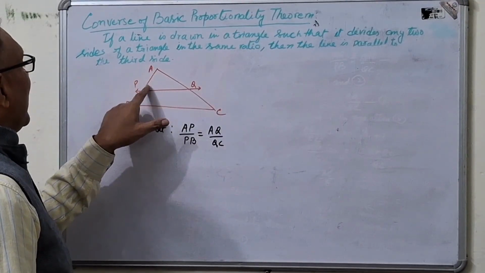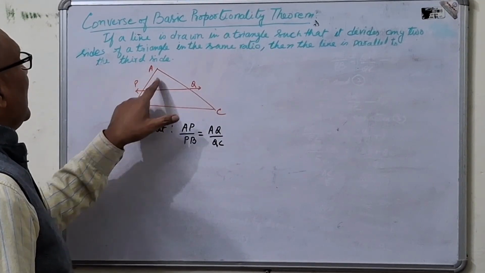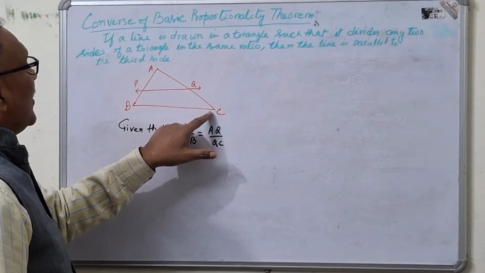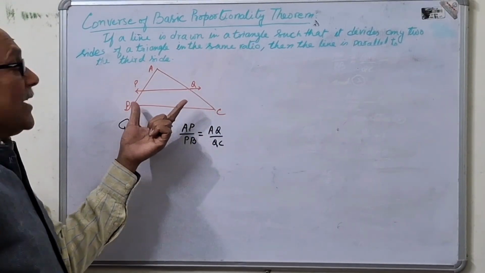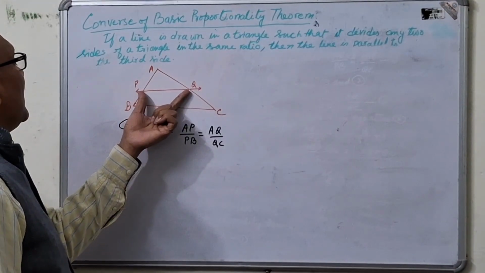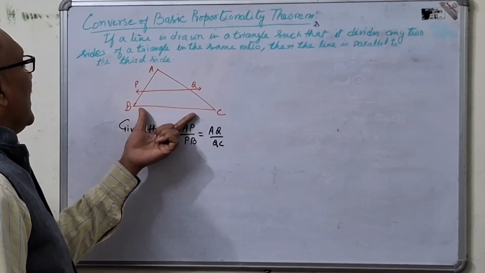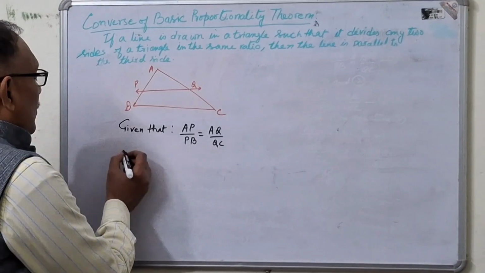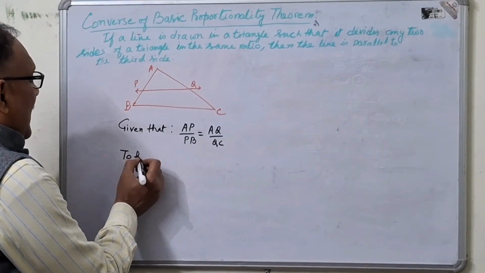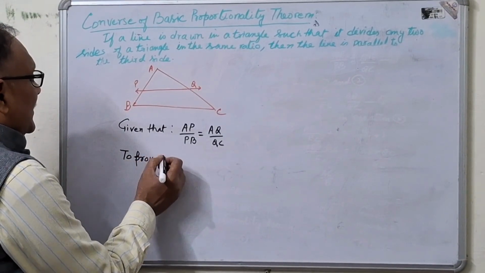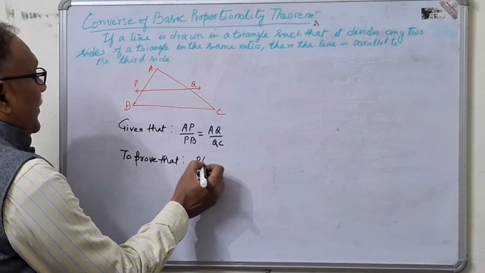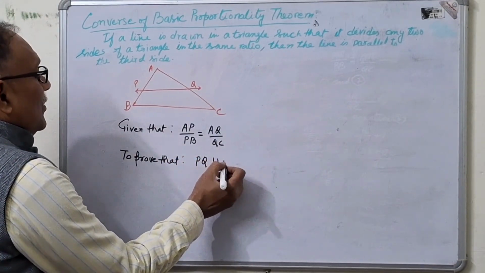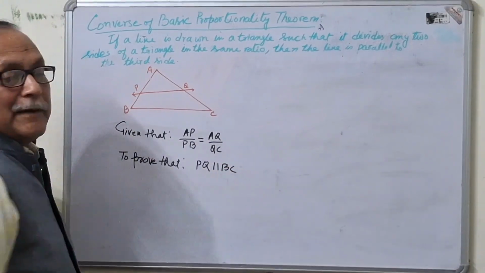It means AP upon PB equals AQ upon QC. In that case, we have to prove that the line segment PQ is parallel to BC.